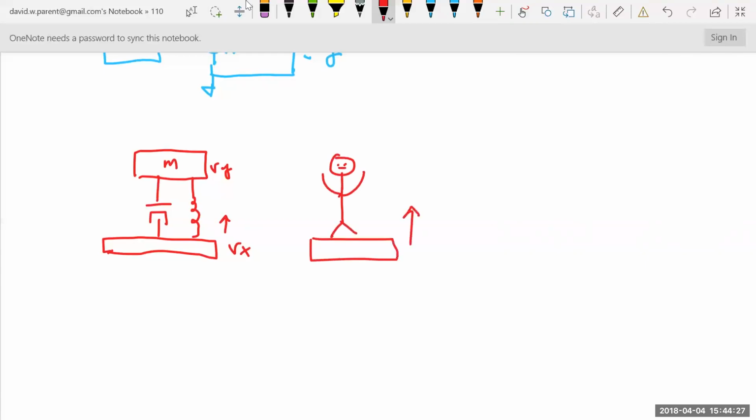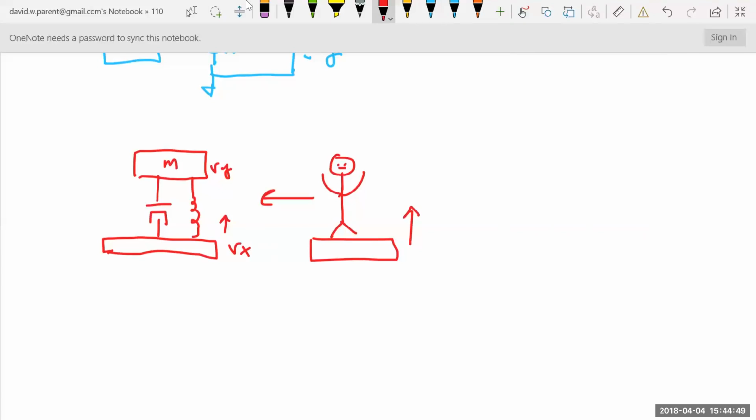Let's say this is me on an elevator, and that my springiness is in parallel with my resistance. This is really, really simplified because the springiness and the mass is distributed throughout the body. So it'd actually be a very complex problem.